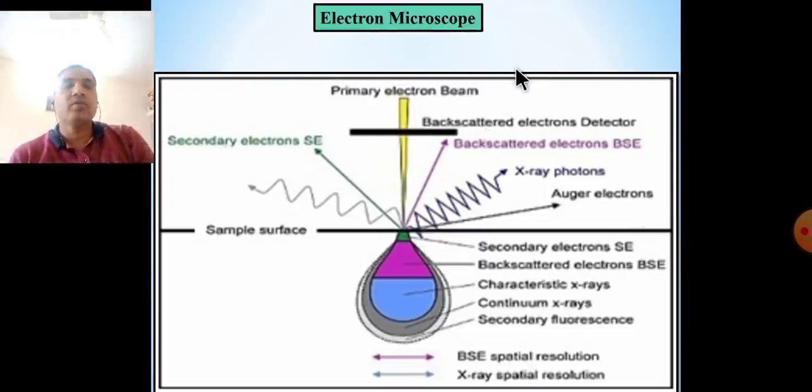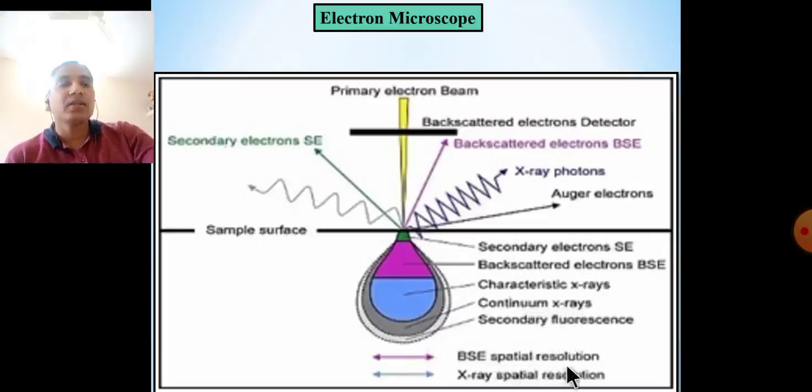The second technique is the scanning electron microscope. In SEM, the primary electron beam hits the sample surface, then the secondary electrons are removed, then backscattered electrons, then characteristic X-rays, then continuum X-rays, and lastly secondary fluorescence.